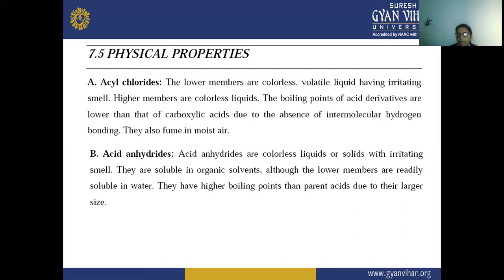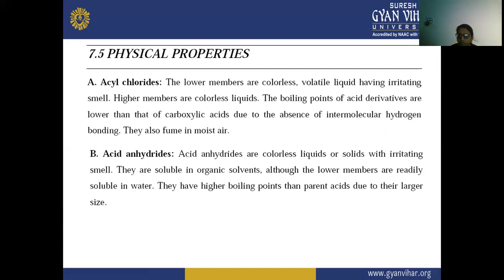So the acid anhydrides can be a colorless liquid or solid. They also have the same irritating smell like the acyl chloride. Both of them are present as colorless liquids, but acid anhydrides are also present as colorless solids.